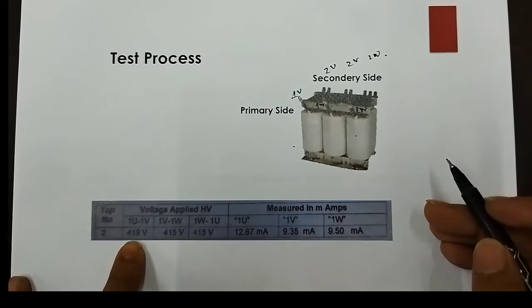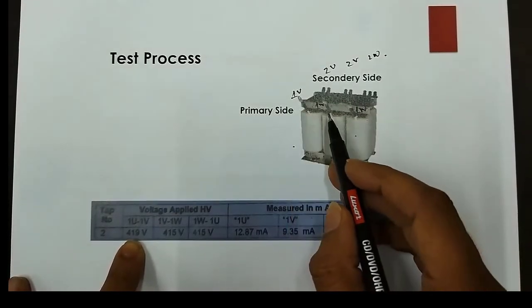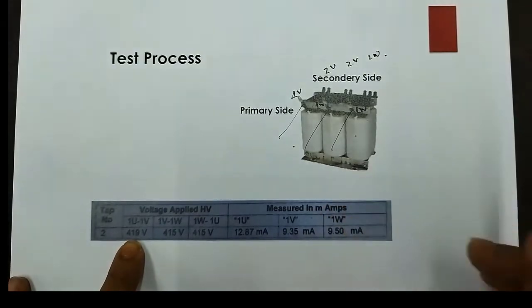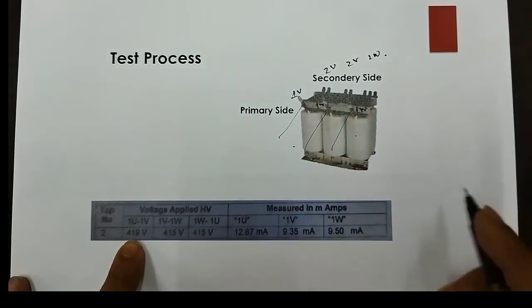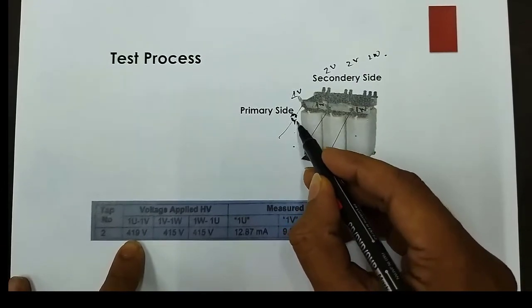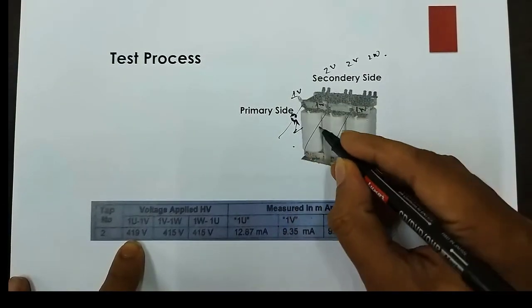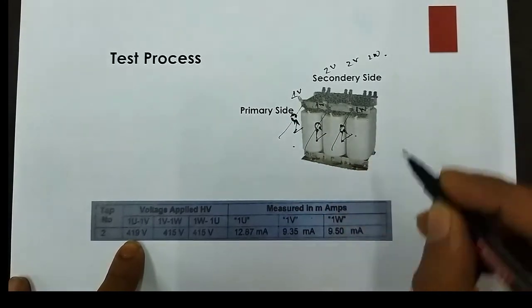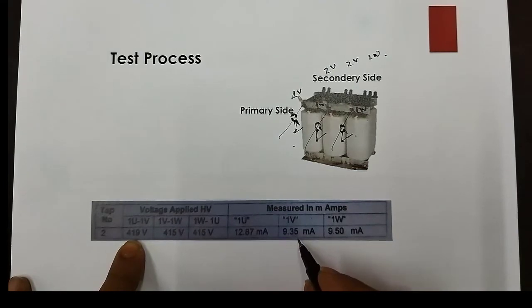We will give 1U, 1V and 1W a 3-phase supply, and using a multimeter, a clamp meter, we will check the current flowing through each terminal. It should be almost the same in all three terminals, 12.87, 9.